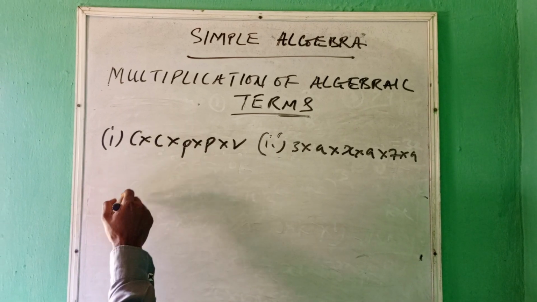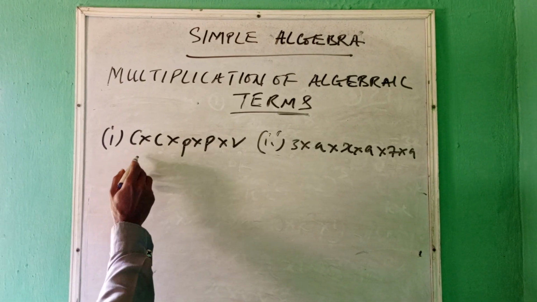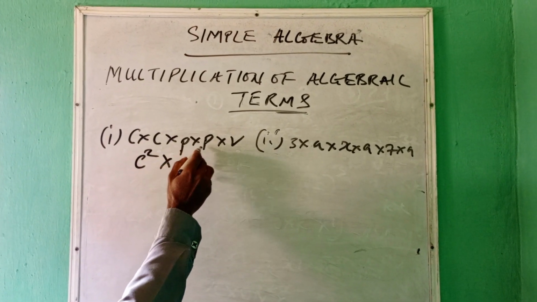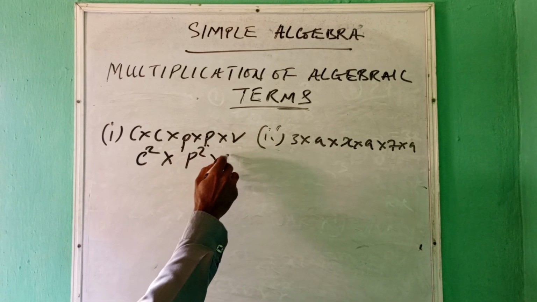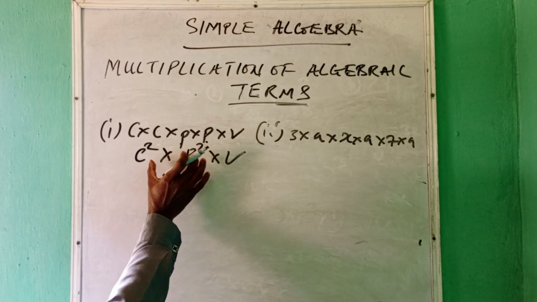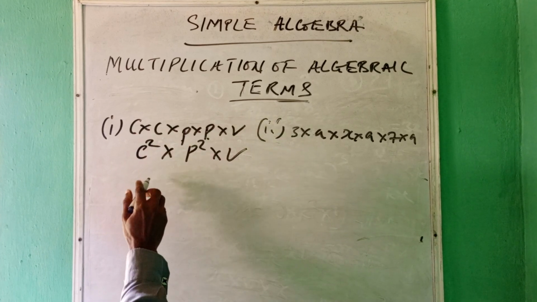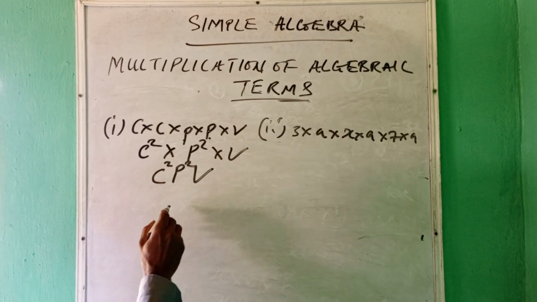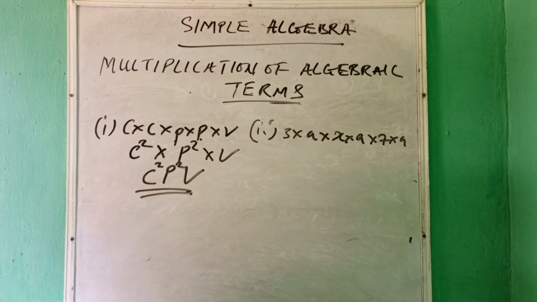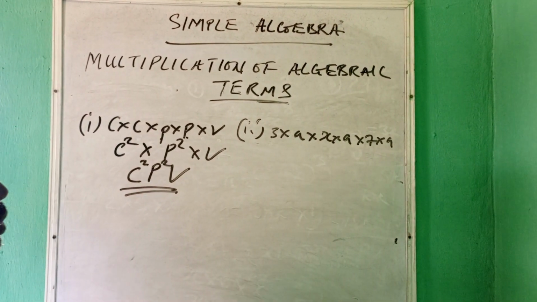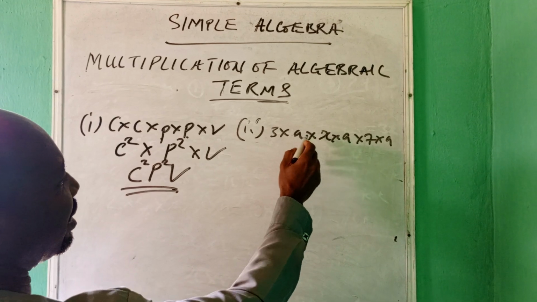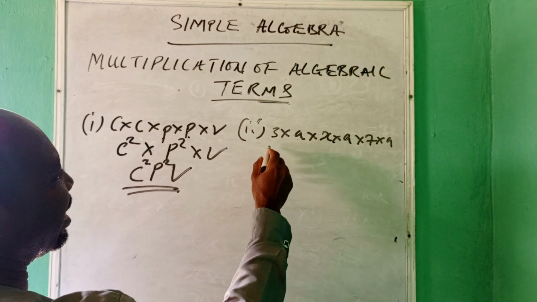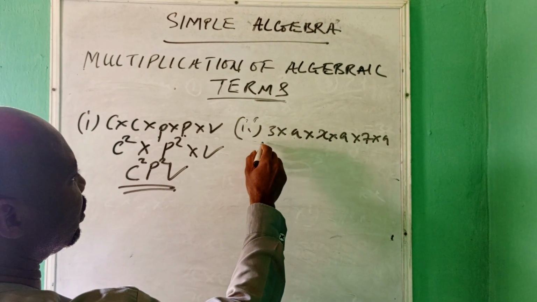Solving this, you have c times c, that is c squared, times p squared, times v. So to join them together, you remove the multiplication signs. Then you have c squared p squared v. Now, if we are to solve this, because of, you can see x and a coming, we'll rearrange the terms.